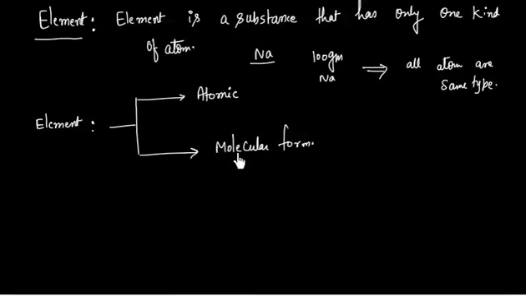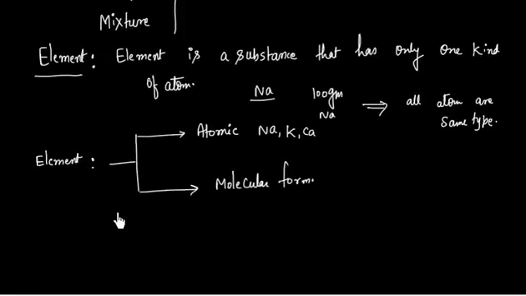When I say an element exists in atomic form, something like sodium, calcium, potassium, the smallest unit of the element is an atom. So when I say atomic element, this means the smallest unit is an atom.